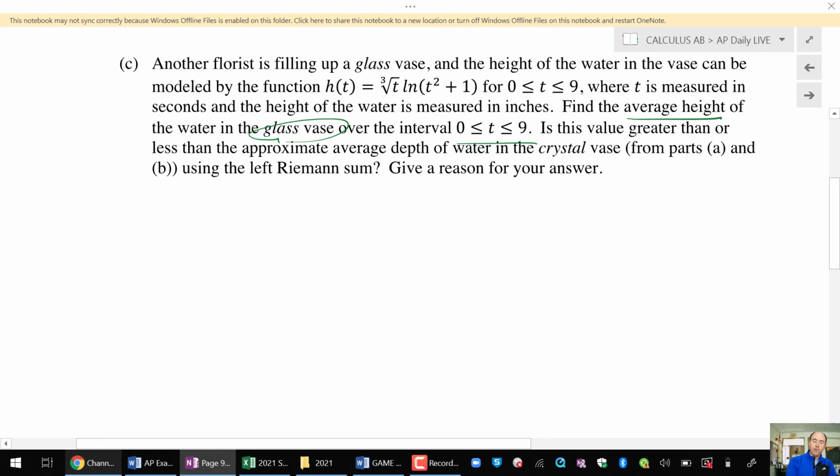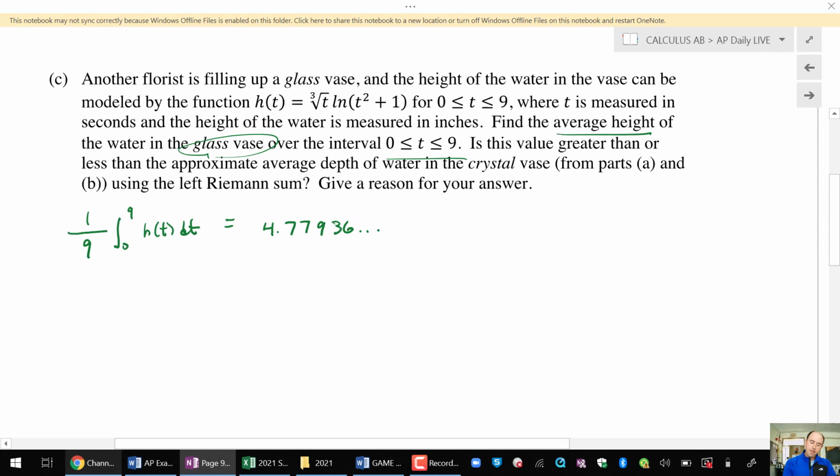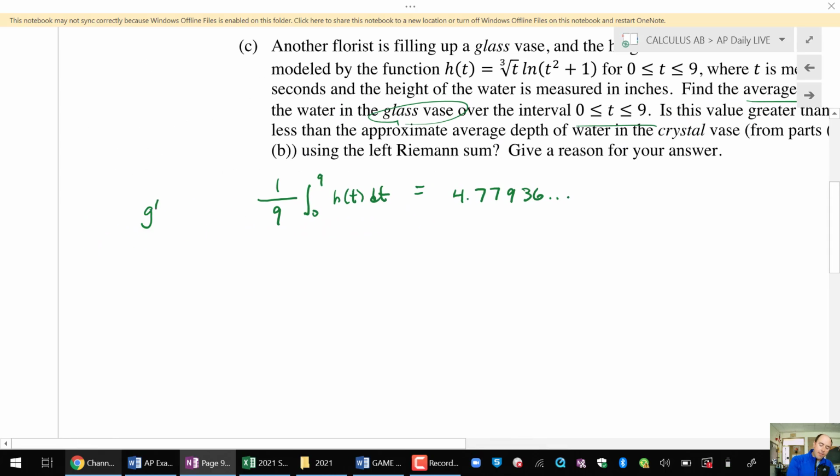The average value formula is the integral divided by the interval, so divide by 9 minus 0, or I'll put the 1/9 out in front of the integral there. So I'll use math 9 on my calculator to compute this, and I get 4.77936 for that average height, and this is for the glass vase.